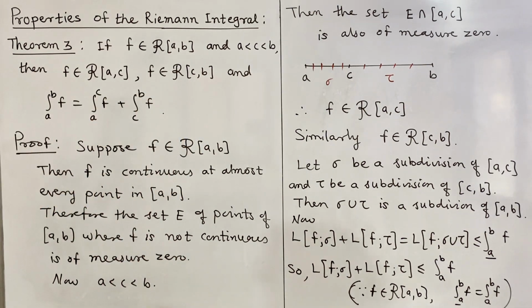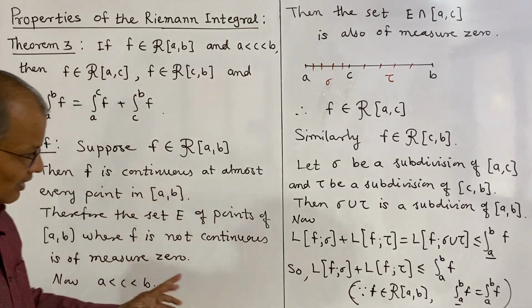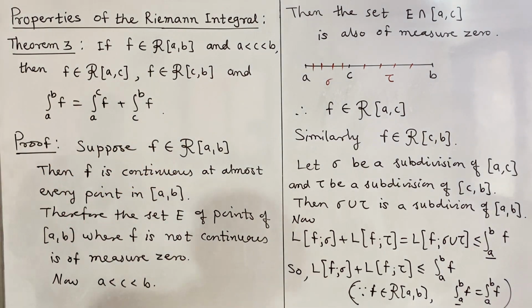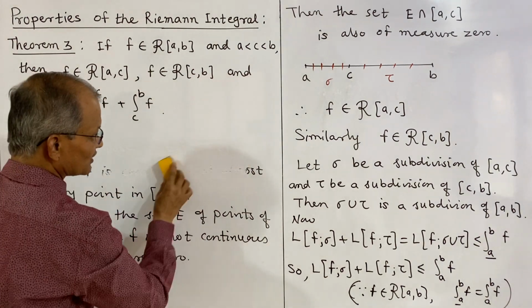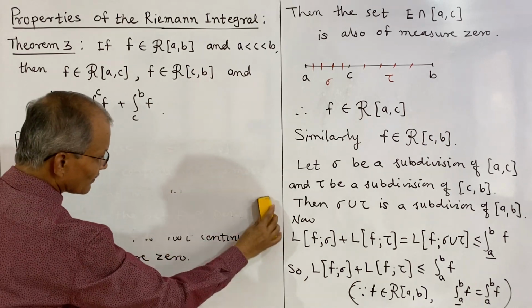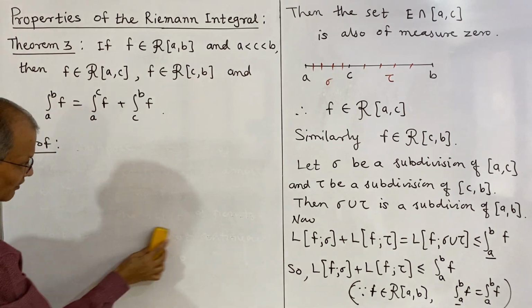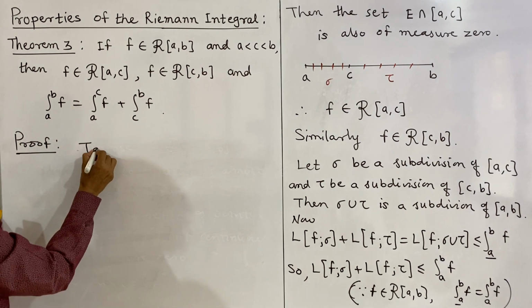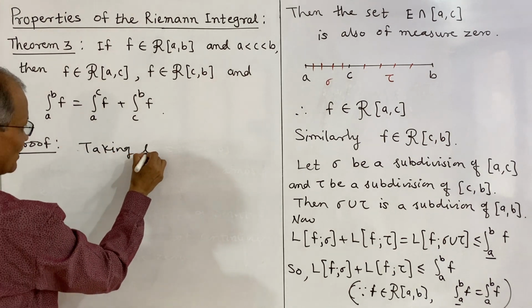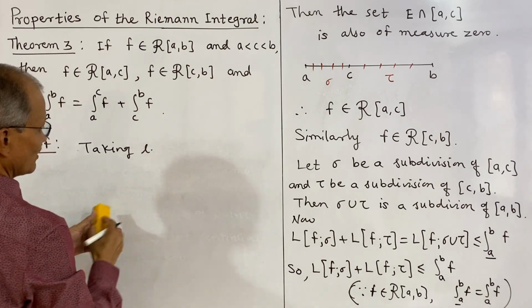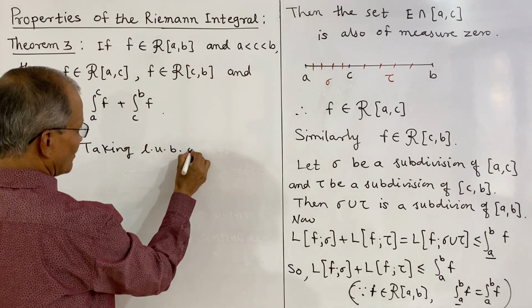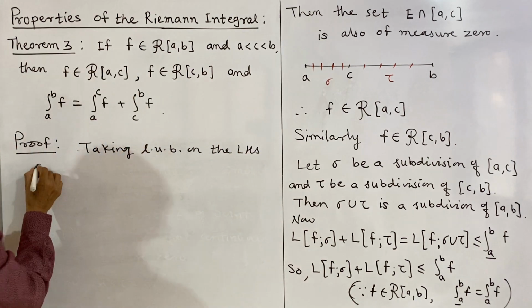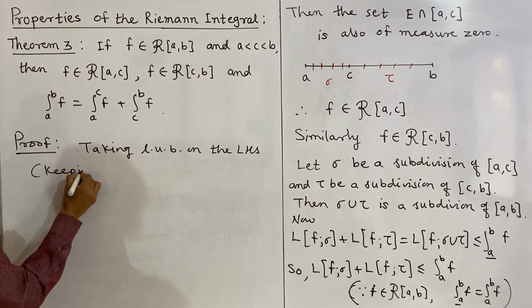And now what we shall do is take the least upper bound on the subdivision sigma first, keeping tau fixed.